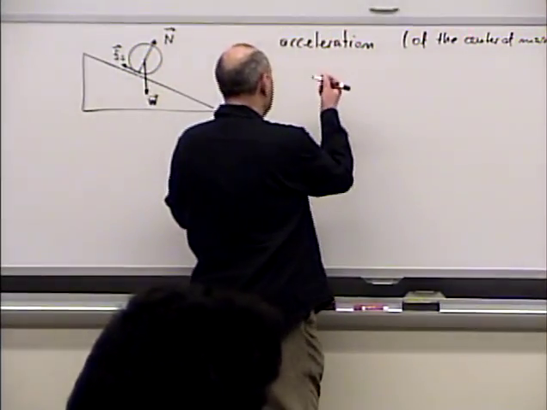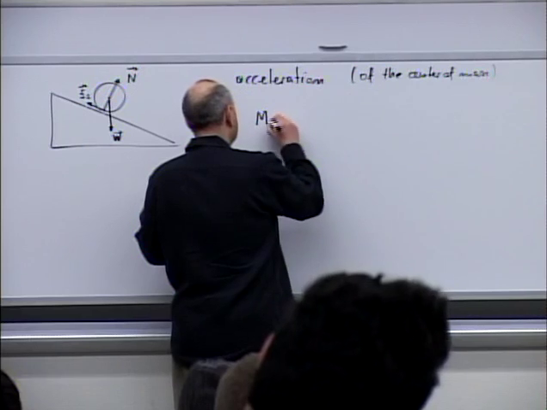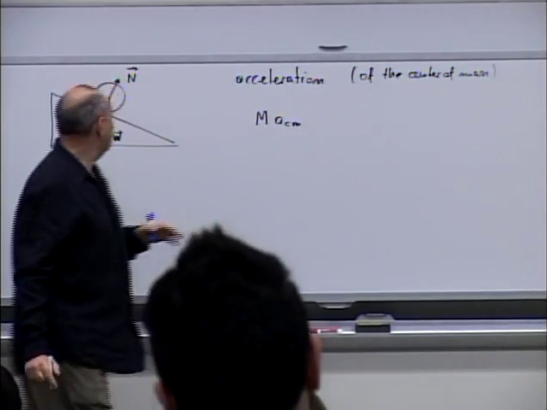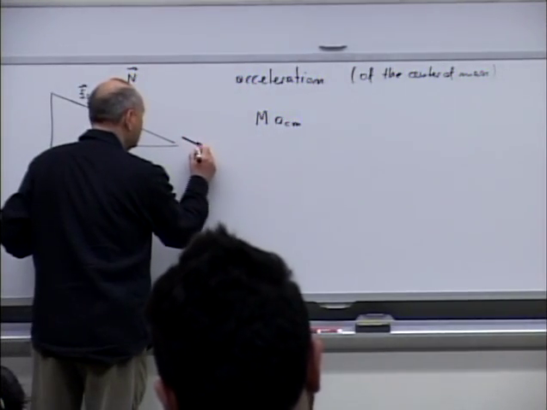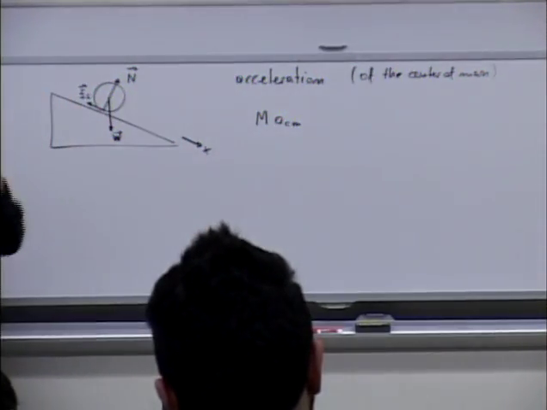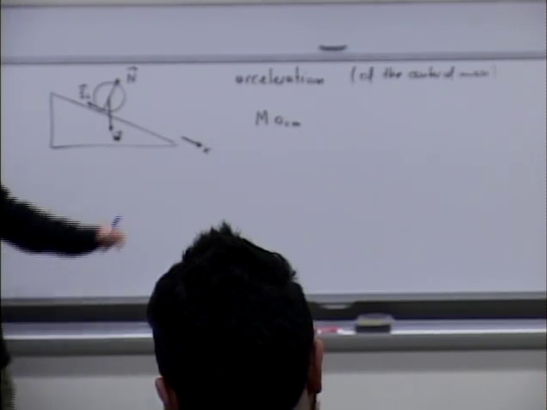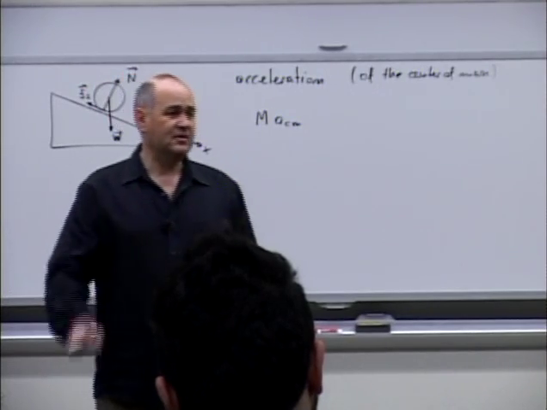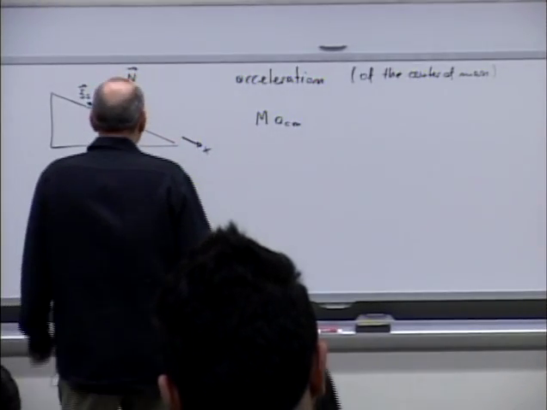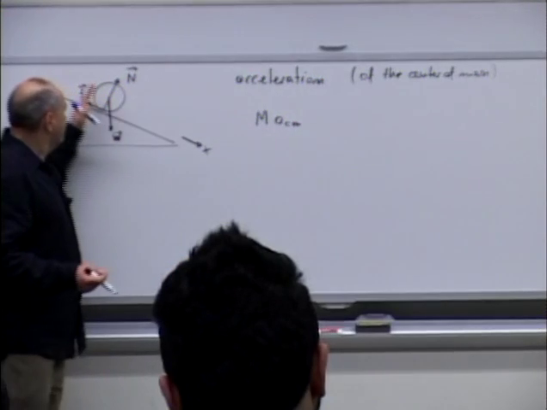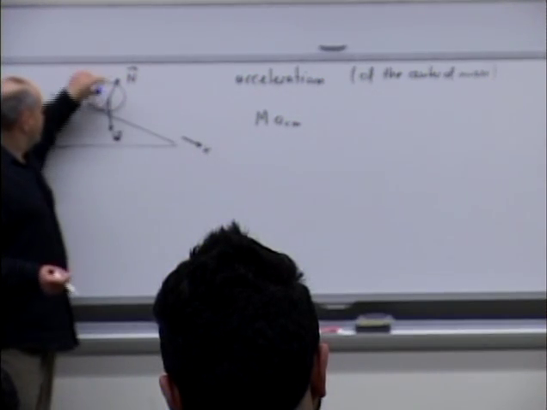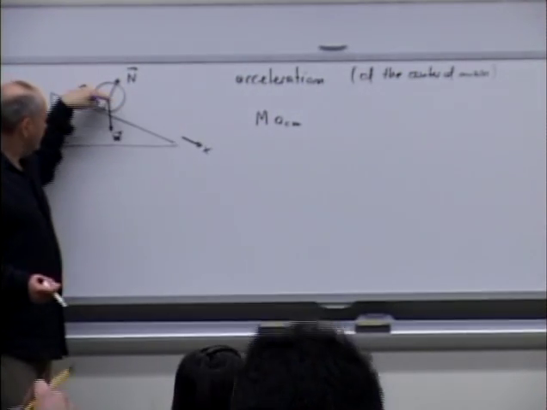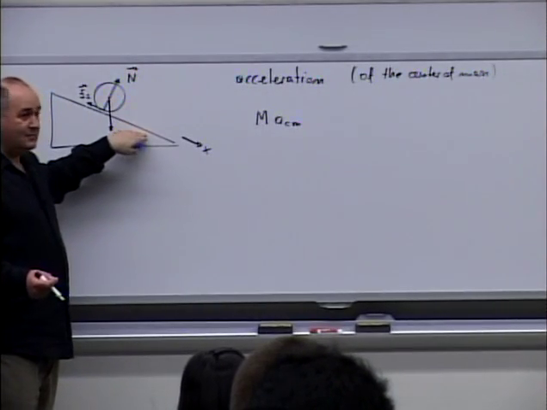Well, I can write that mass of the object times acceleration of the center of mass. And now, for simplicity, how about if I concentrate only on the x component, and whenever I write a symbol, I will write the magnitude of the symbol and relate it properly to the component, because we recognize that acceleration of the center of mass is parallel to the ramp.